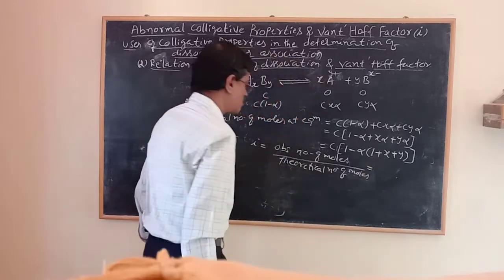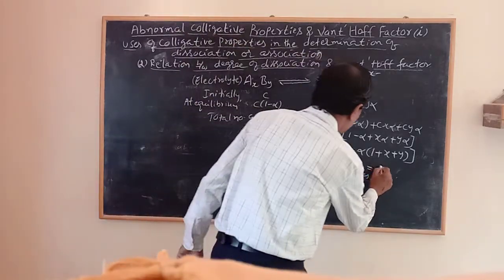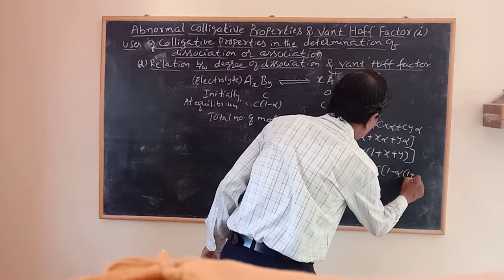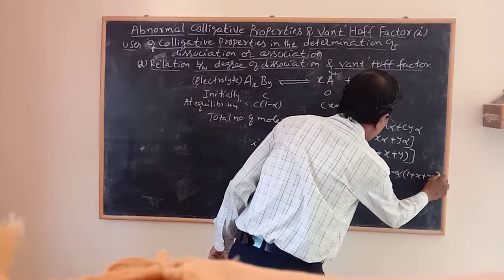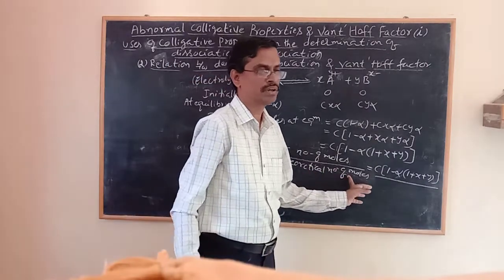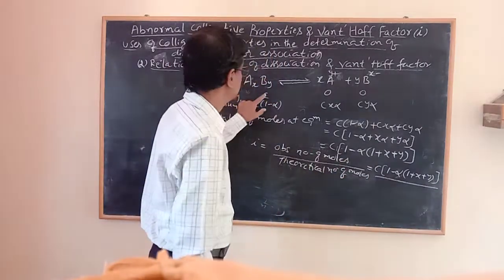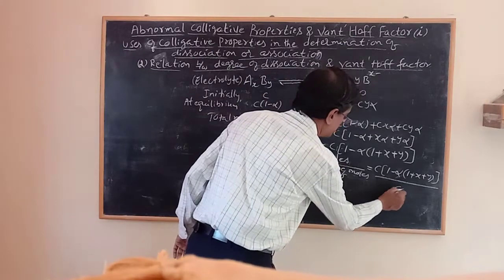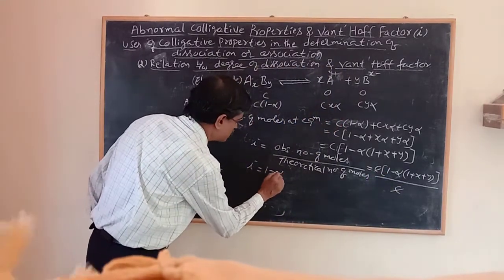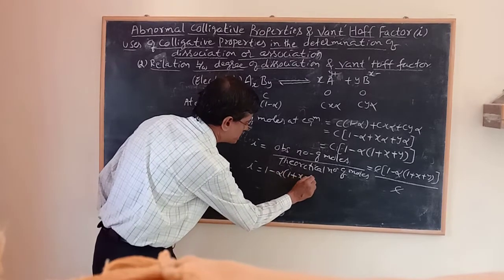That is C into 1 minus alpha plus x plus y, divided by the theoretical number of moles, which in this case is only C moles. So C gets cancelled, and I is equal to 1 minus alpha plus x plus y.